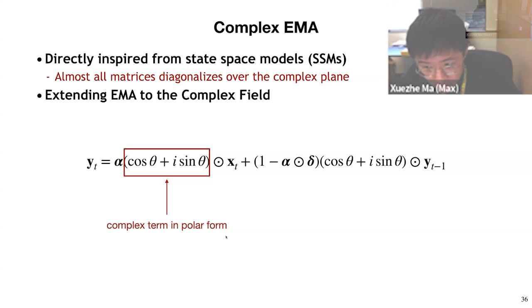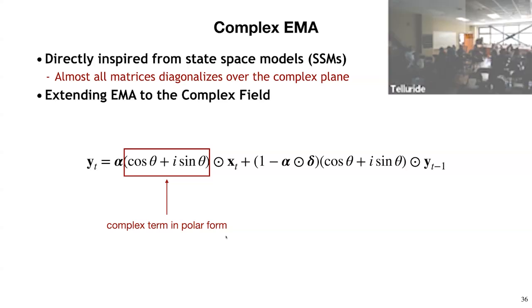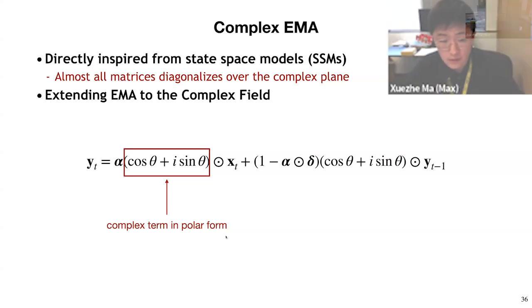Yes, the token embeddings. Sorry, I did not fully understand your question. In the pre-trained model, we just use BPE to tokenize the data, and we use standard word embeddings, learnable word embeddings.